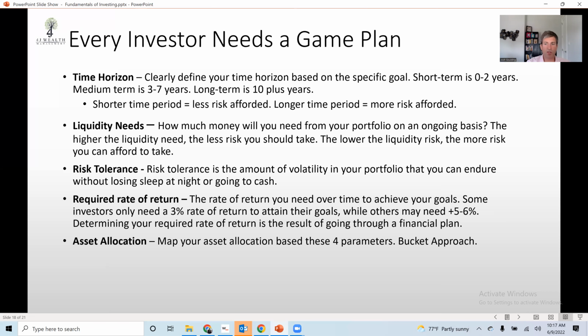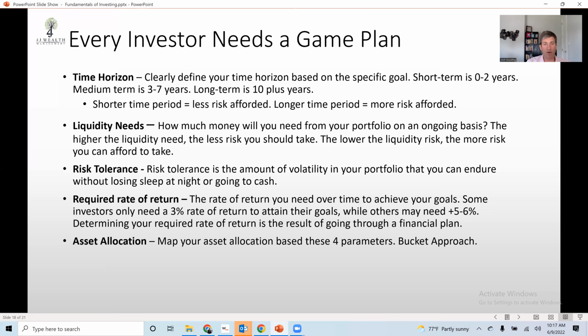Think back 10 years ago, it was 2012. People were still terrified of investing because they still had scars and bad memories of the decline in 2008 into 2009. A lot's changed since then, and the market's much, much higher now than it was then.